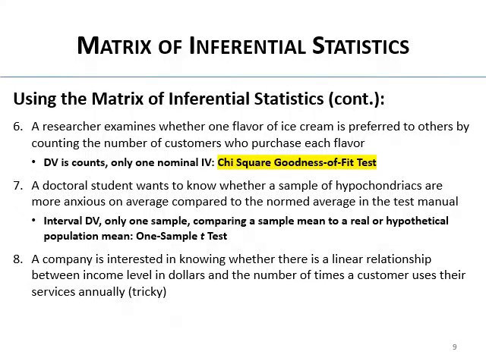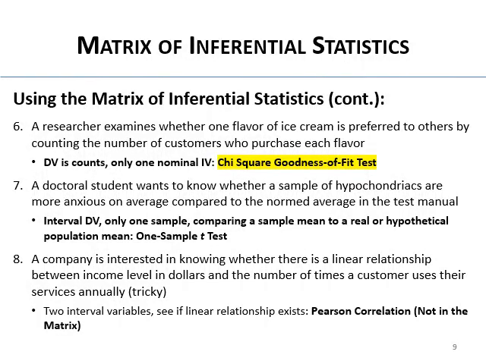Specifically, income in dollars is a ratio, so it's interval or ratio. And number of times you use a service annually is also ratio, so interval or ratio. To look at whether two interval or ratio variables are linearly related, to give you a hint, you did it, correlation. So again, not in the matrix, that's why it's tricky.